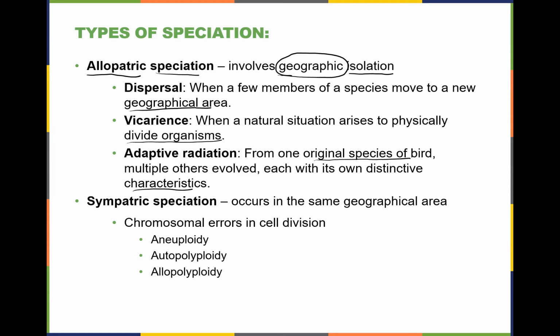And then the second type of speciation is sympatric speciation, which is the evolution of species in the same geographical area. Mostly this speciation happens in plants, due to aneuploidy, autopolyploidy, and also allopolyploidy. But we can also use the Galapagos finches as an example of sympatric speciation.